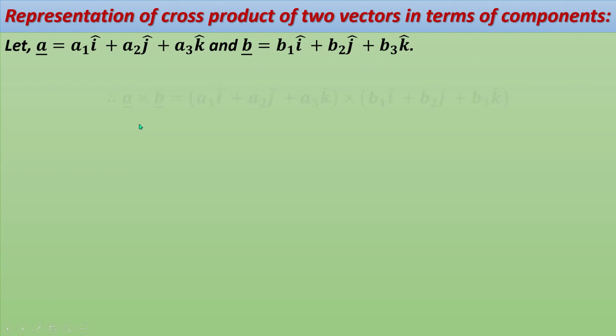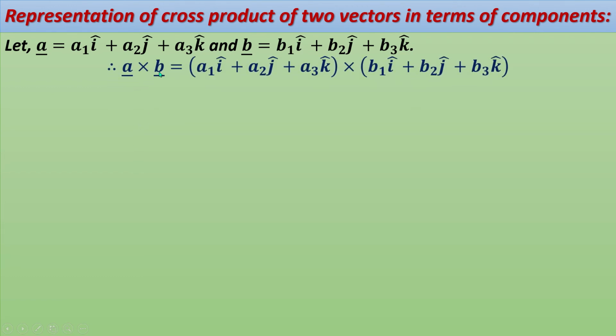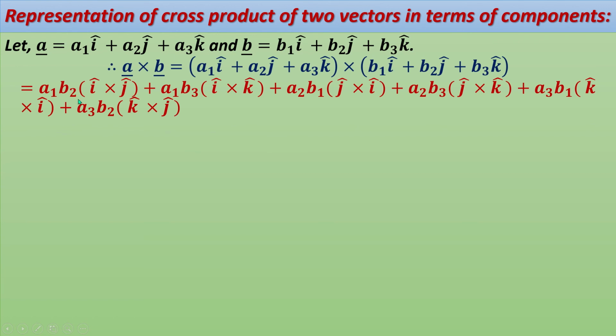Of two vectors, the cross product, that means A vector cross B vector, equals, you can write this, just putting the value of A vector and B vector. Now multiply: a1 b2 i into j vector.